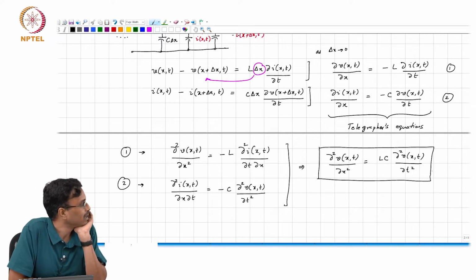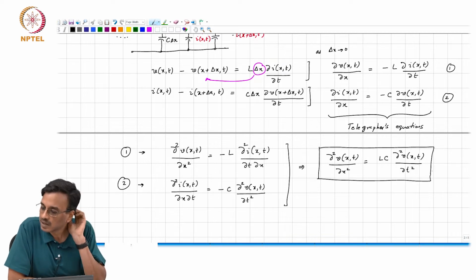Let us quickly make sure that the stuff is dimensionally consistent. Sanity check.